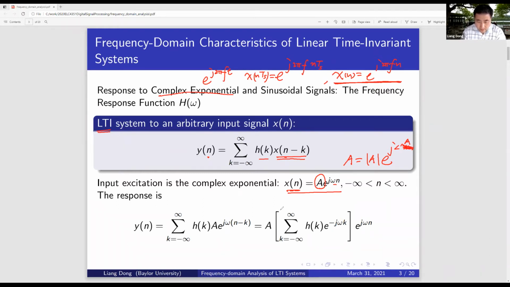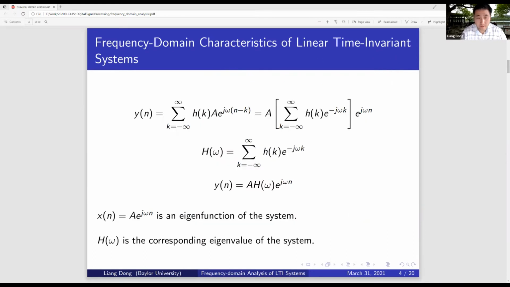Then after sorting out the order, in the bracket we have the summation of h[k] times e to the power negative j omega k, then a constant a, and then another exponential term at the very right side, e to the power j omega n. You rewrite this line here. So that's an exponential, a pure sinusoidal wave going through the system.